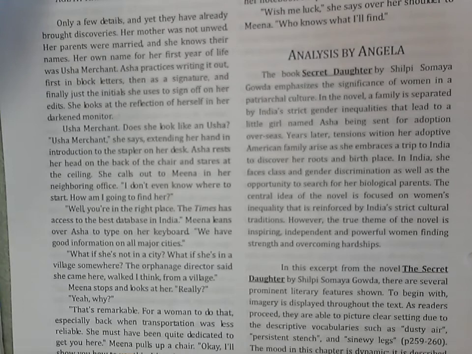In India, she faces class and gender discrimination as well as the opportunity to search for her biological parents. The central idea of the novel is focused on women's inequality that is reinforced by India's strict cultural traditions. However, the true theme of the novel is inspiring independent and powerful women finding strength and overcoming hardships.